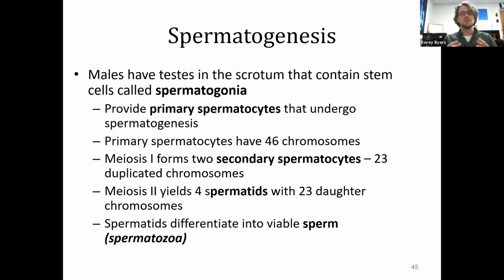Meiosis 1 reduces the primary spermatocyte to a secondary spermatocyte with 23 chromosomes, and meiosis 2 yields 4 spermatids. They're not yet fully formed sperm, they're spermatids with 23 daughter chromosomes. After time, they mature in the epididymis. Those spermatids differentiate into what we call spermatozoa, or conversationally, sperm.